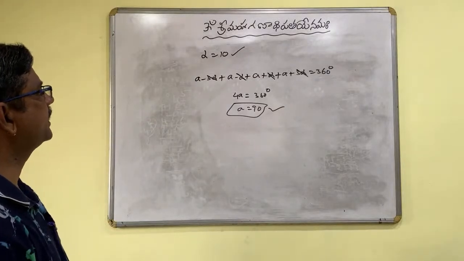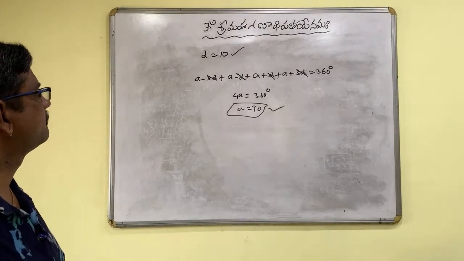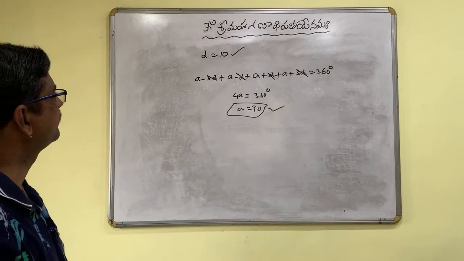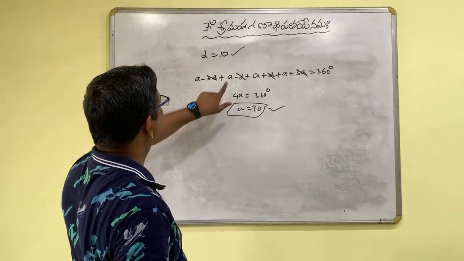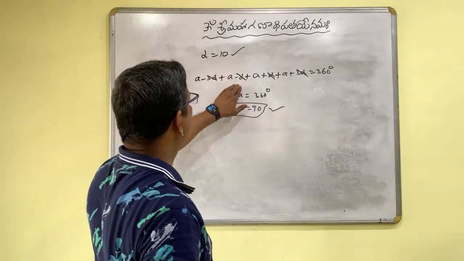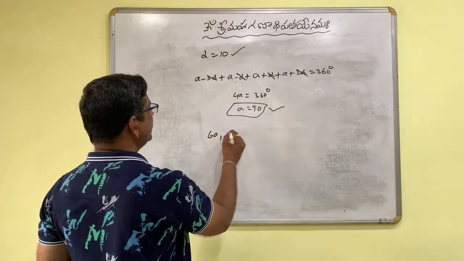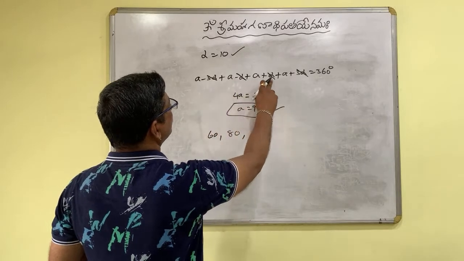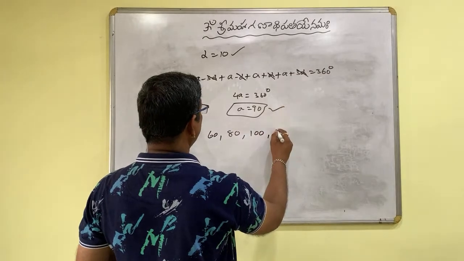Okay, A minus 3D, A, D is 10. A minus 3D is 60, A minus D is 80, then 100, 120.